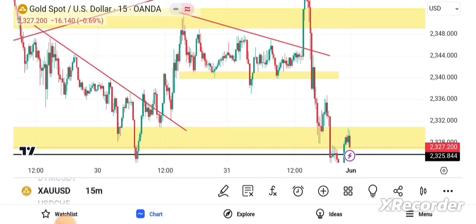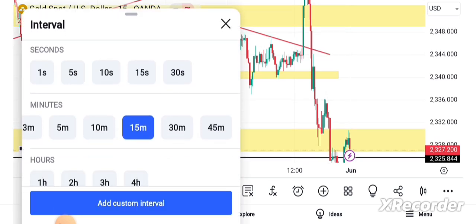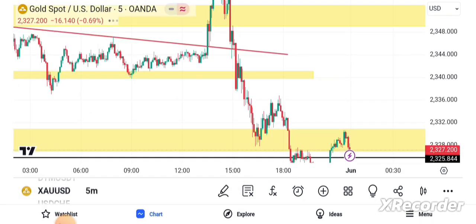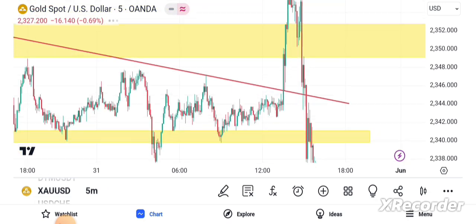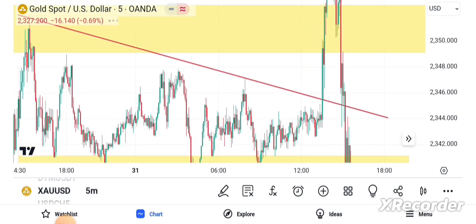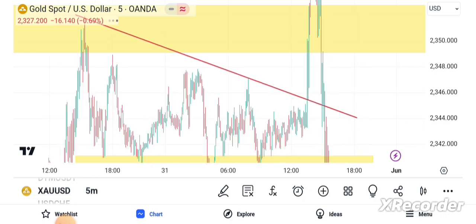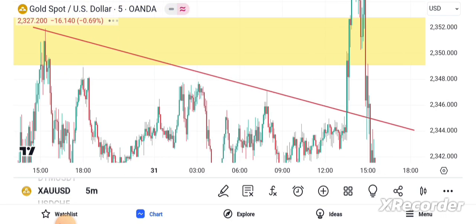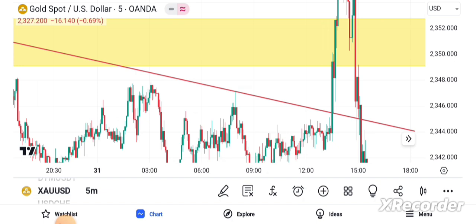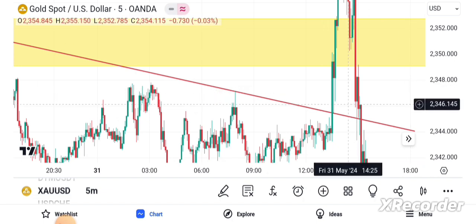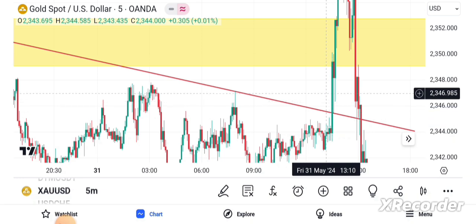So if we scale down to 5 minutes, we would have probably entered at the break of this line, but the candlestick move was massive, so I'm sure we wouldn't have gotten an entry.